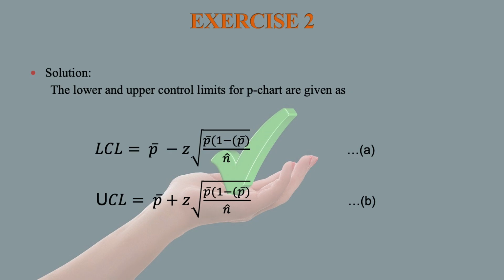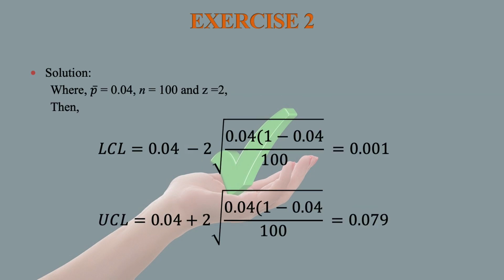Here it is given as 100, and P bar is given as 0.04 for this problem, and the value of Z is 2. So LCL is equal to 0.04 minus 2 multiplied by under root 0.04 multiplied by 1 minus 0.04 divided by 100, that comes out to be 0.001. This value is for the lower control limit.